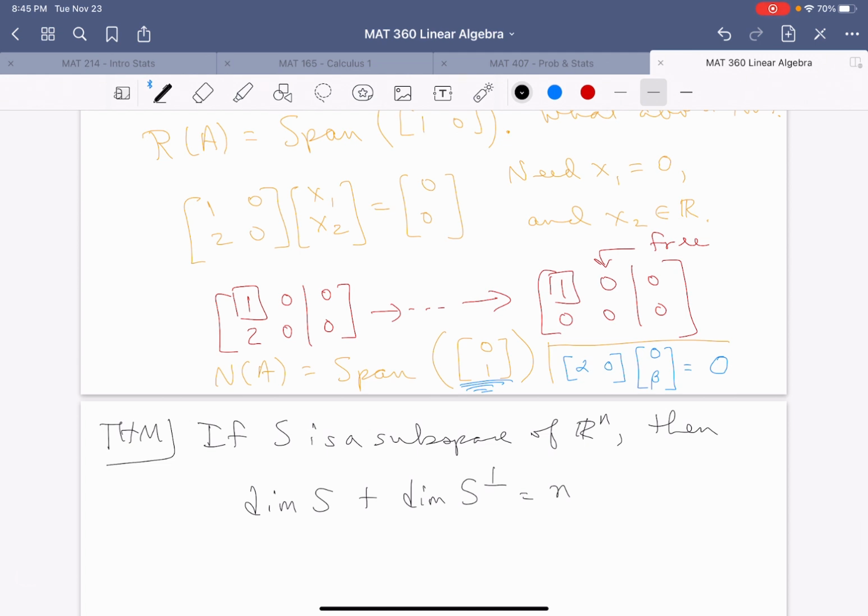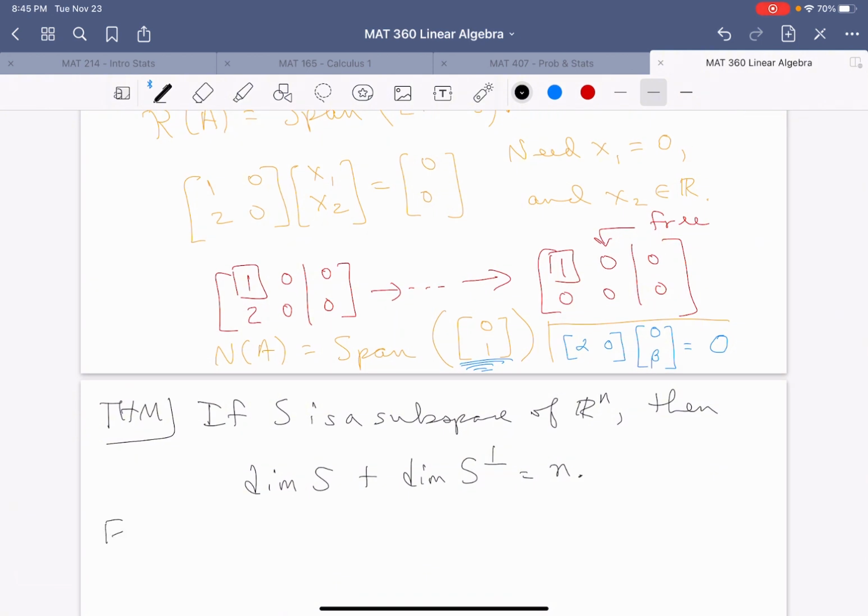All right, so furthermore, this next part says that if we have basis vectors for S and basis vectors for the orthogonal complement, then we can put them together, and that'll be a basis for Rn.